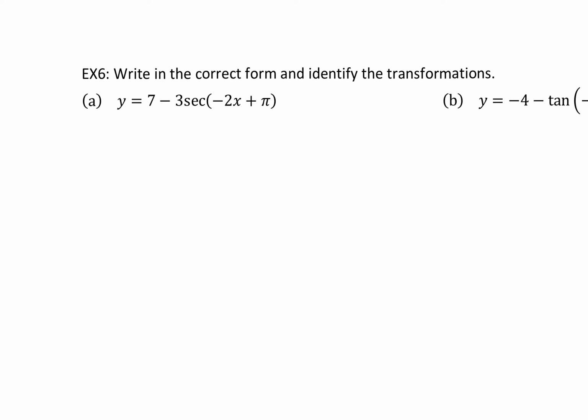So if I were to look at example 6a, right away I notice that I have this negative 2 on the x that I need to factor out to get y equal to 7 minus 3 times secant. Factor out the negative 2. What remains in parentheses is going to be an x minus pi over 2.